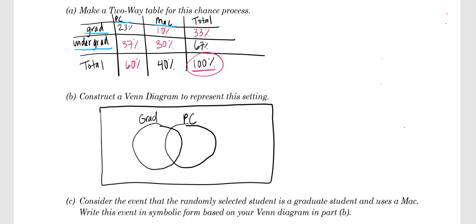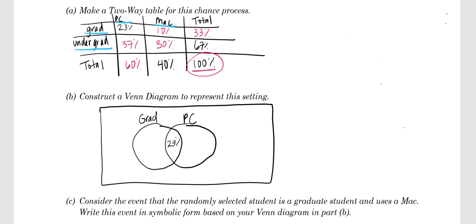Okay? Now that I have done this, I'm going to label my Venn diagram with the correct percentages. Okay? So let's talk. The percent of overlap in the middle should be the percentage of people who are both graduate students and have PCs, which from the problem, they tell us is 23%.